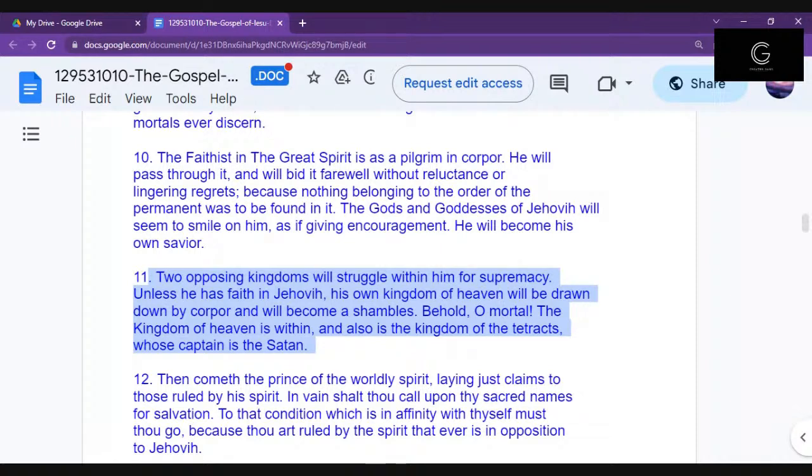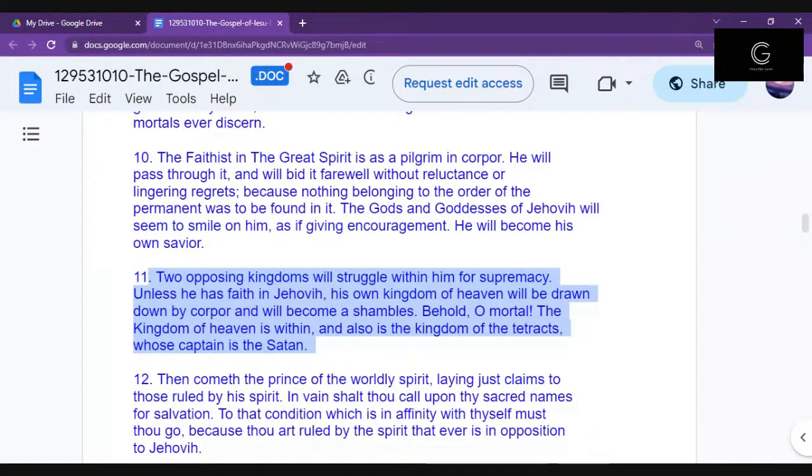I don't need the Minister Farrakhan. I don't need Elijah Muhammad. Why, Cosmo? Why you don't need them? Because I will become my own Savior. I save myself.